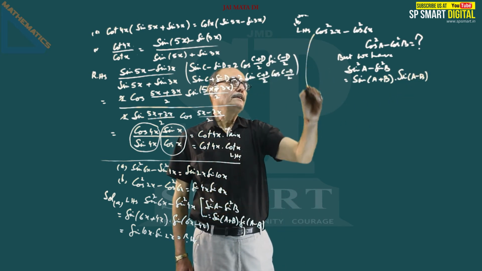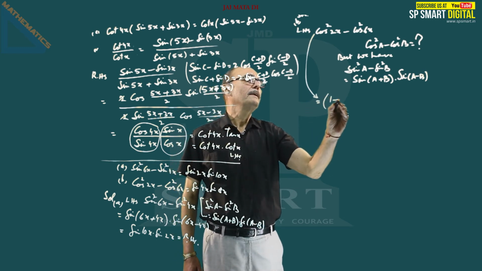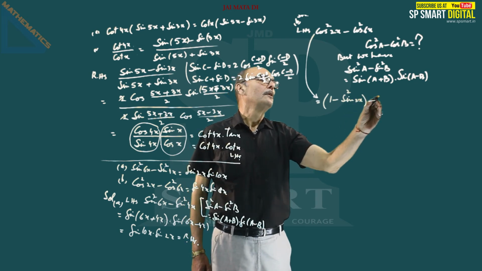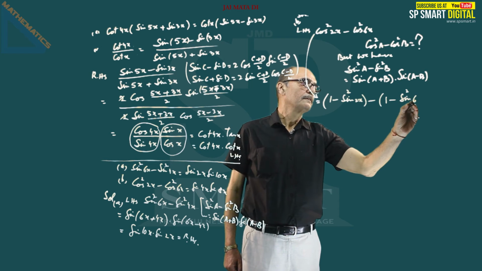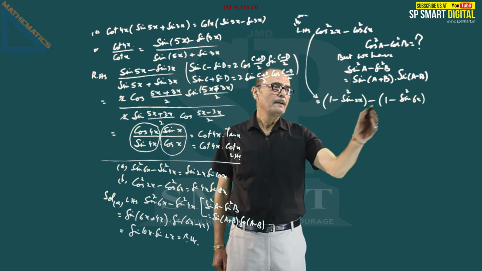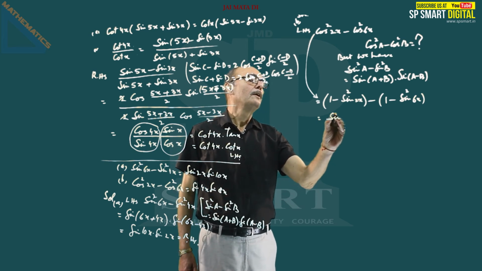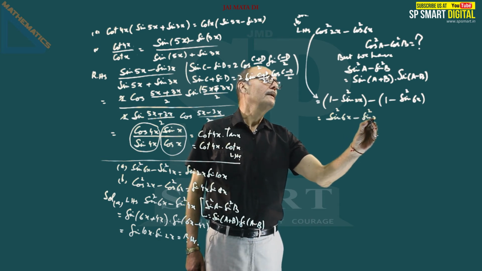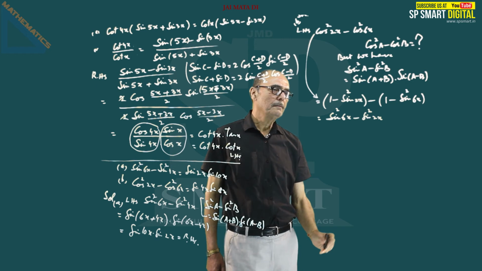So, taking this, we change cos square 2x as 1 minus sin square 2x, minus 1 minus sin square 6x. And if you open the bracket, this 1 and 1 gets cancelled, we have sin square 6x minus sin square 2x, and you can make use of the formula mentioned above.